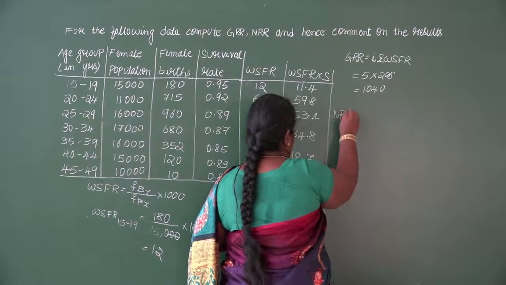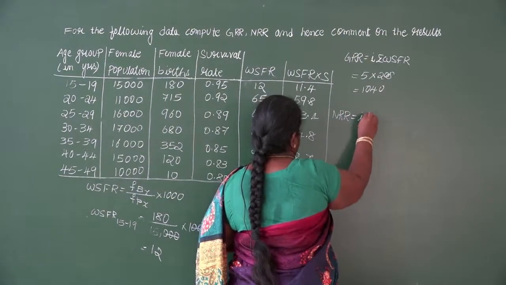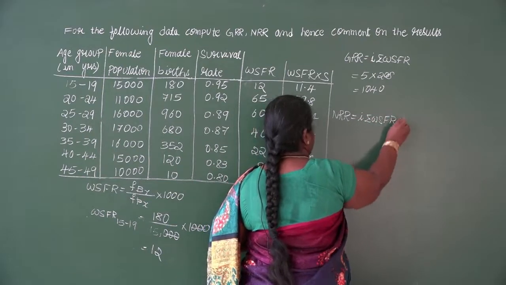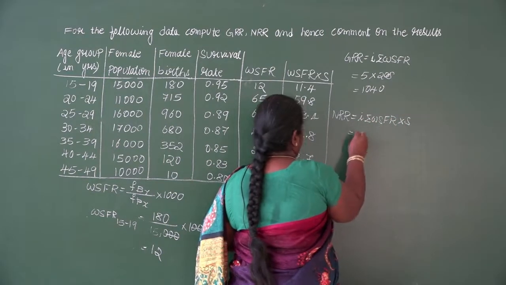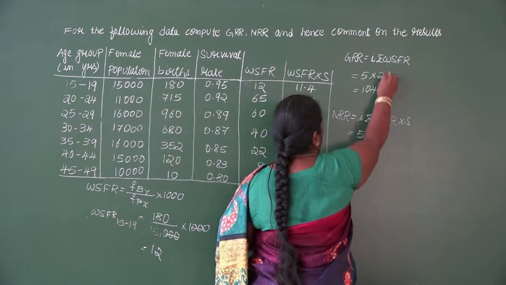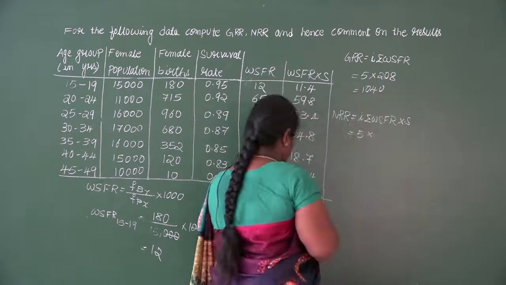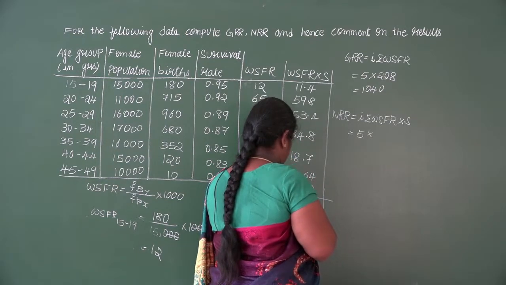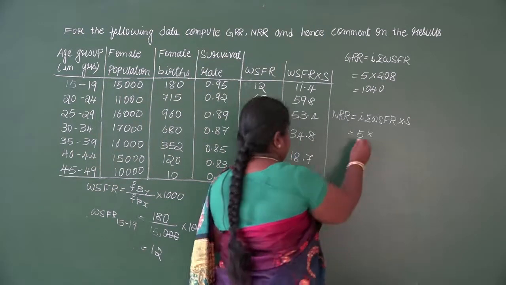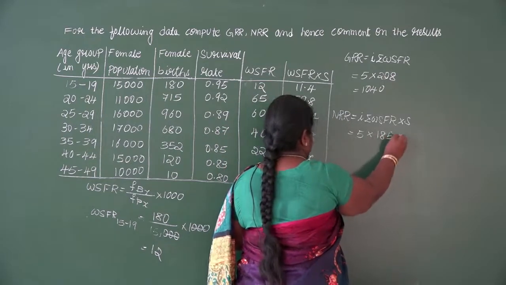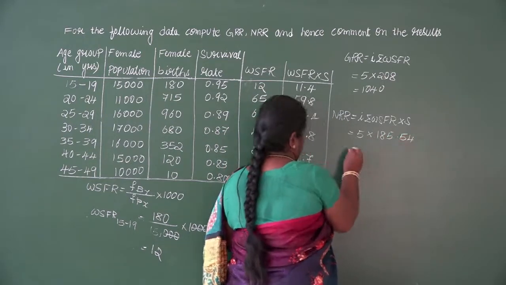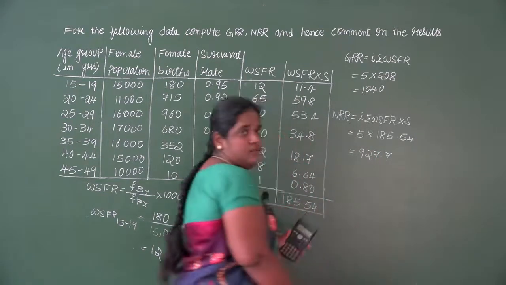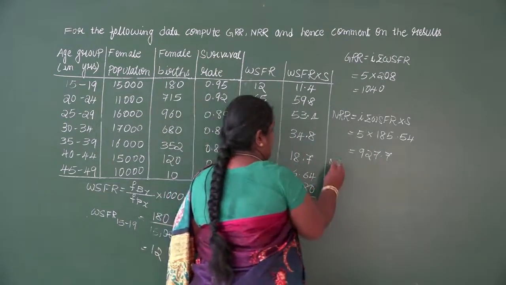Then next NRR is I sigma WSFR into S. So it is 5 into 185.54. So we'll get 927.7. So for commenting we require the NRR per woman.